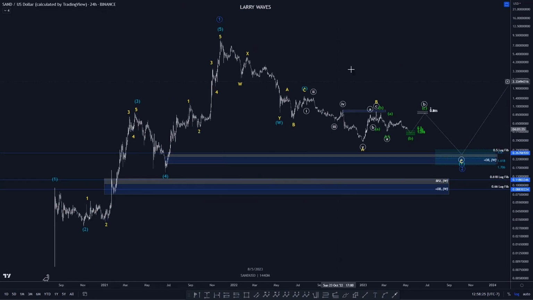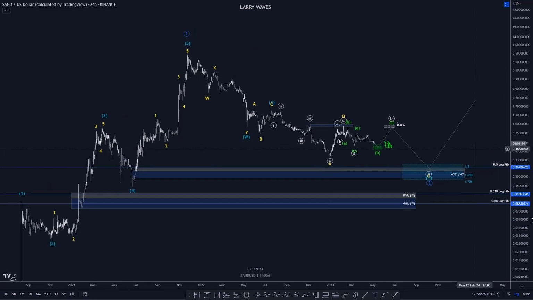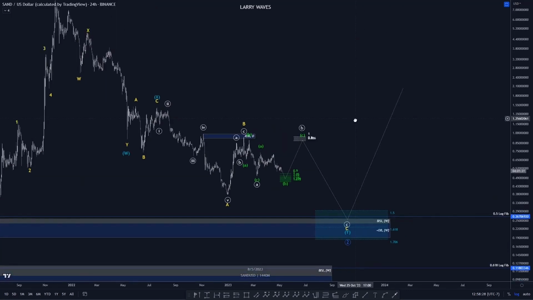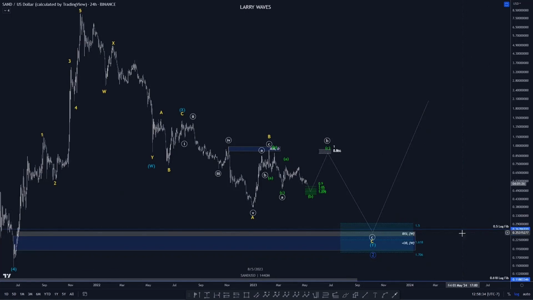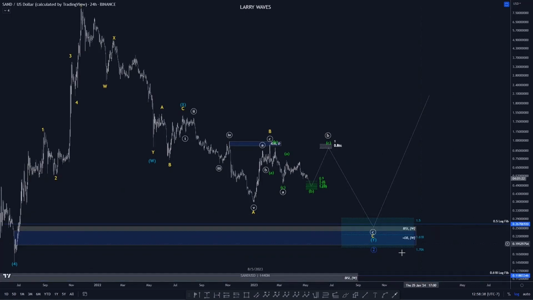Five-wave moves up. And like with most of our assets for the altcoins, we're looking for that 0.5 pivot right here for that characteristic wave 2. And we do have some liquidity resting below it too, so it could really just ping it at this area of liquidity and come back up.